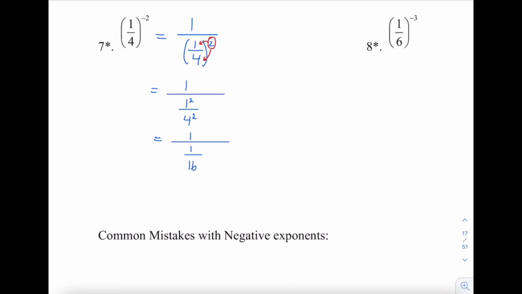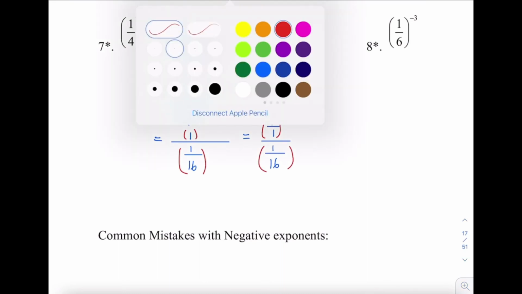Now, if you think all the way back to one of our first lessons for dividing fractions, we said we could write 1, any whole number, as a fraction over 1. Okay, so we're taking this whole number here and writing it as 1 over 1, 1 over 16 as 1 over 16.